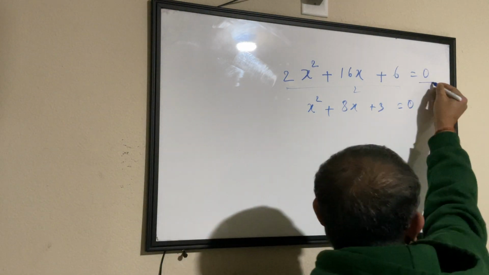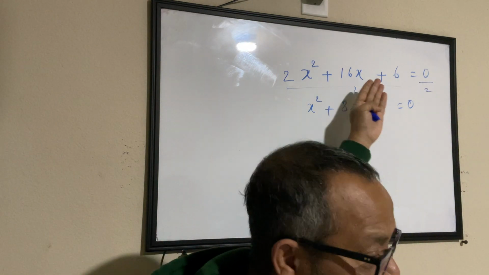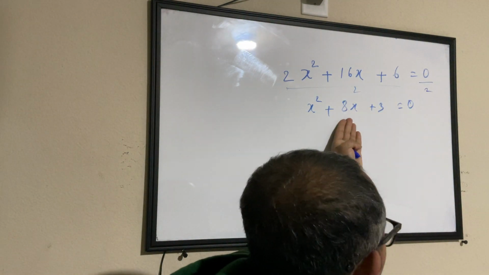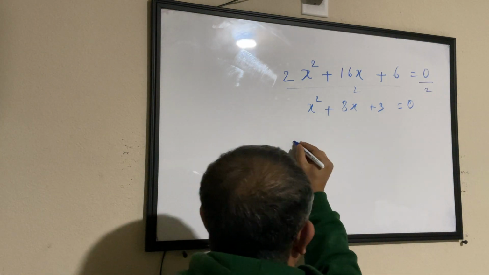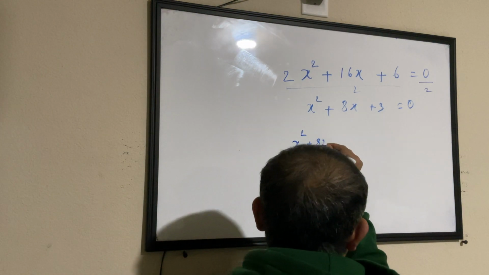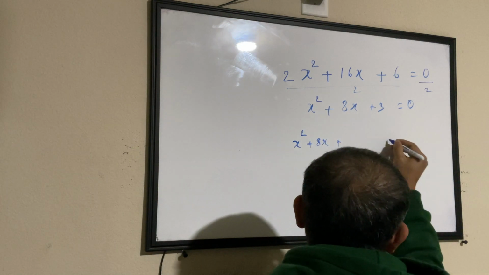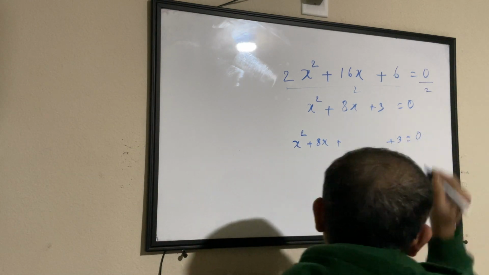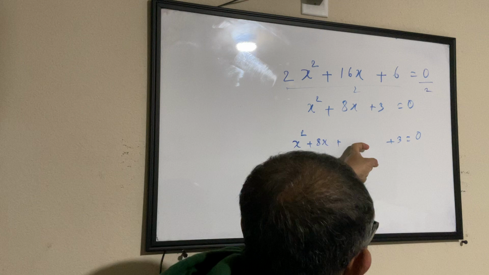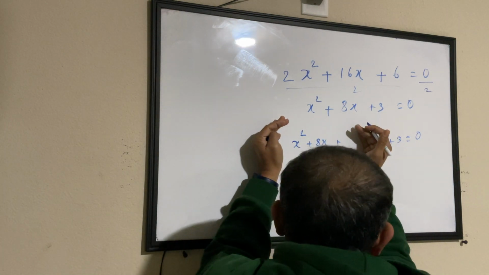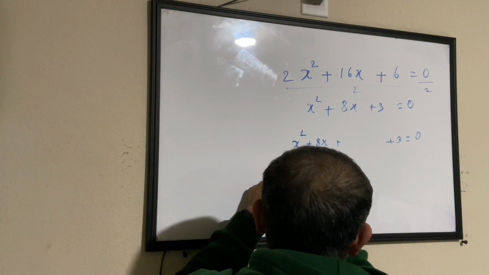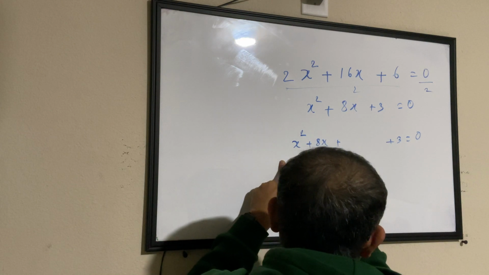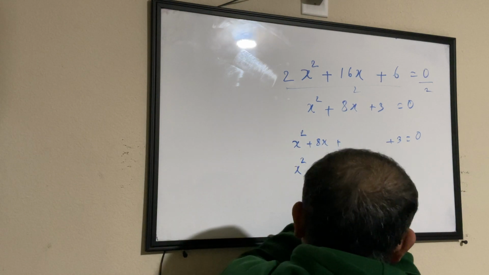It's as good as dividing by 2 on both sides, and this becomes your new, much simplified equation. Now I have x squared plus 8x plus 3. Let's keep 3 a little far and see what I add here so that this part alone becomes x squared. So if I see this, it is x squared plus 2 into 4x plus something.